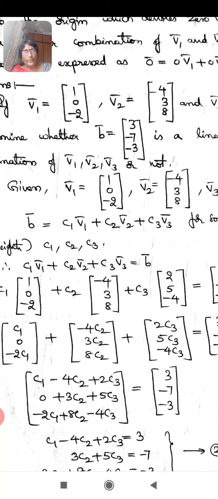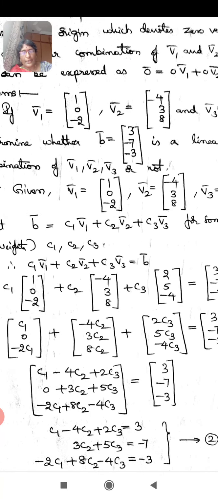And now our task is to find whether these scalars c1, c2, c3 have some real number values or they do not exist at all. They may also have an infinite number of values, so whether unique, infinite or no solution at all. Those are the three possibilities, and which happens, let us see.